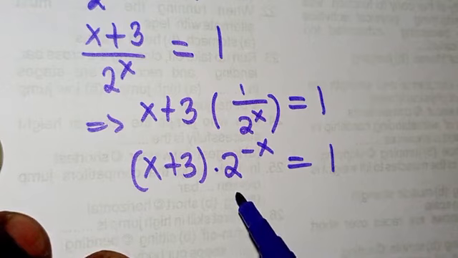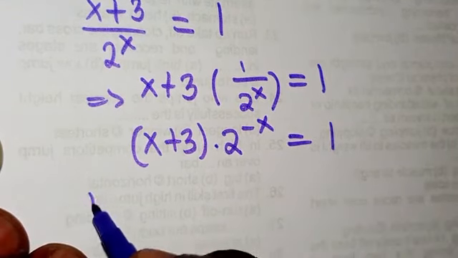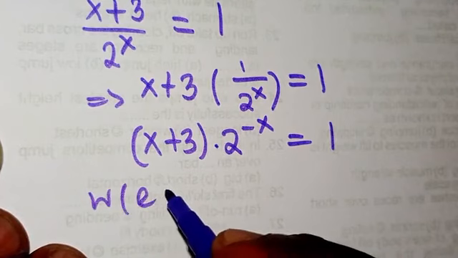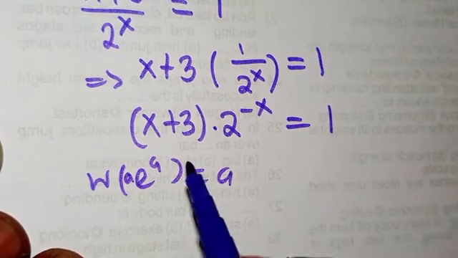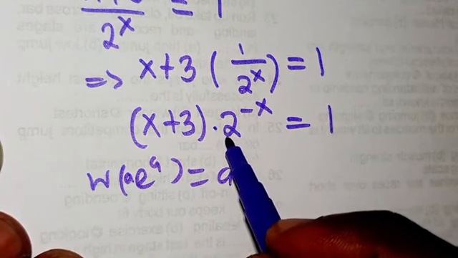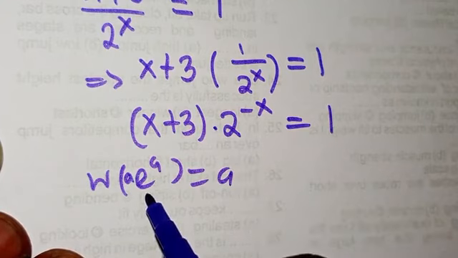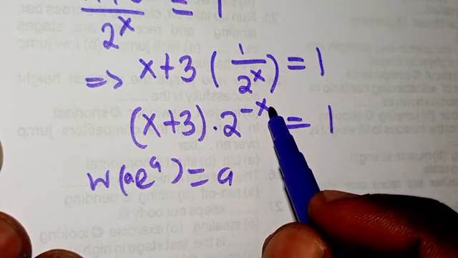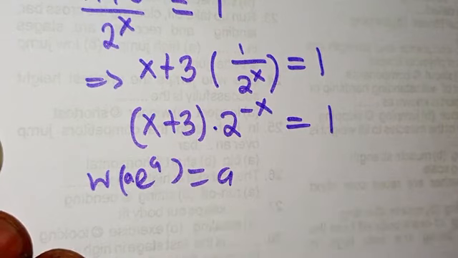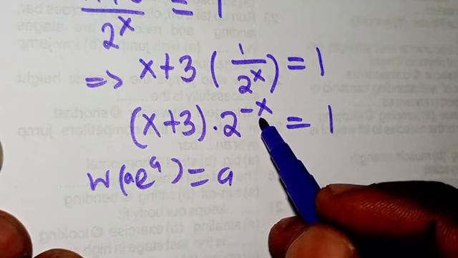Now we want this to look like the Lambert form, where W of A e to the power A gives us A. I can see that here this 2 is the base, so I will change this 2 to be e. Whatever is the power of e must be x plus 3, and what we only have here is 2 to the power minus x, just minus x.